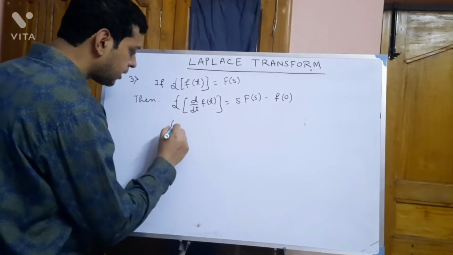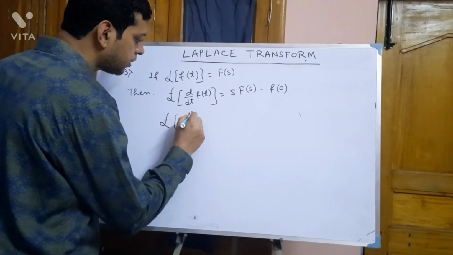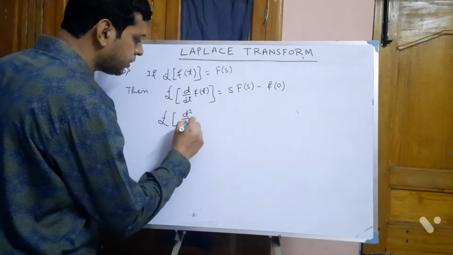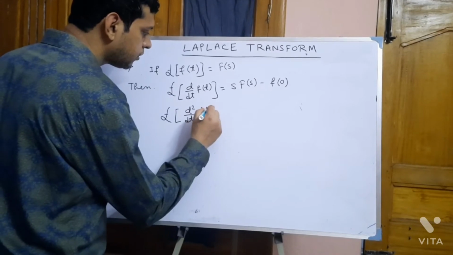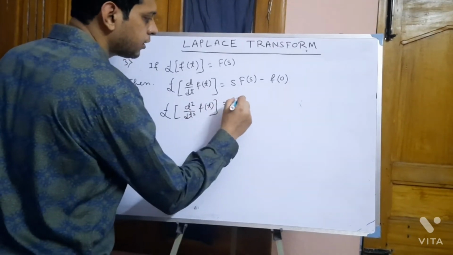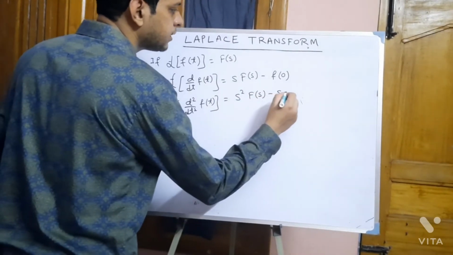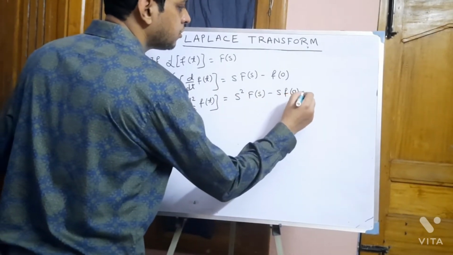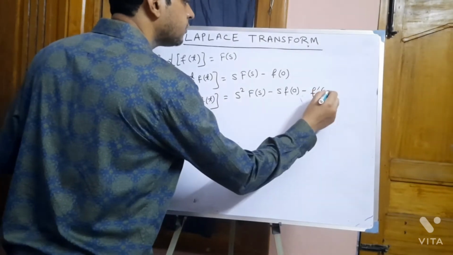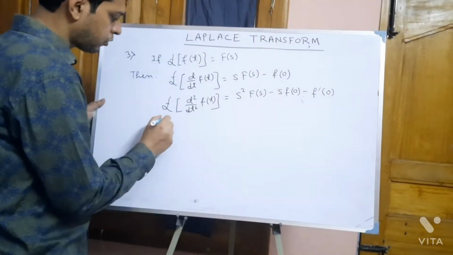Similarly, the Laplace transform of the second derivative of f(t) is s square F(s) minus s f(0) minus f dash(0), and so on.